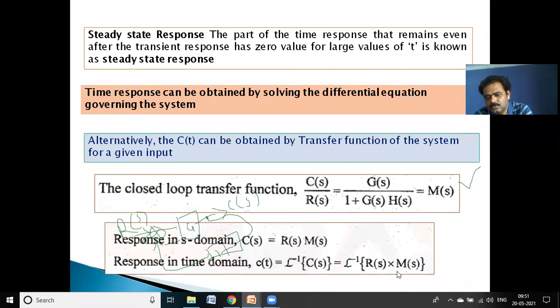In case 2, for the same input, if the order of the system is changed, maybe a first order system or a second order system, which means the transfer function is changed, what is its output? That we are going to deal with in this chapter. Is it clear?